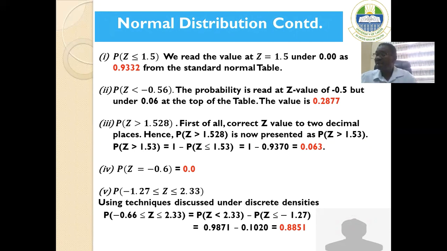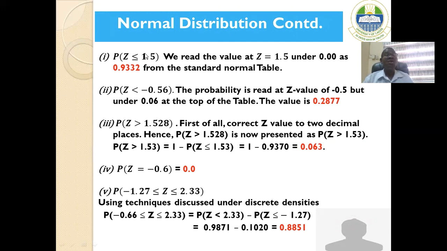If you have the normal tables, please bring them out, standard normal tables. Bring it out. I'm giving you a minute to do that. Open the page where you have standard normal distribution. Go to the first column, called Z, the Z column.